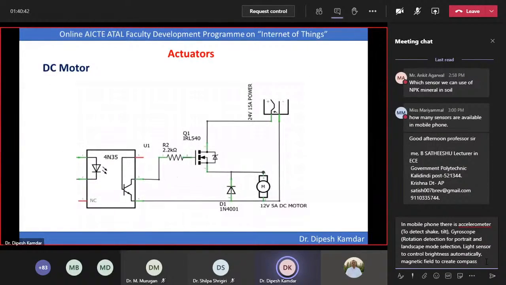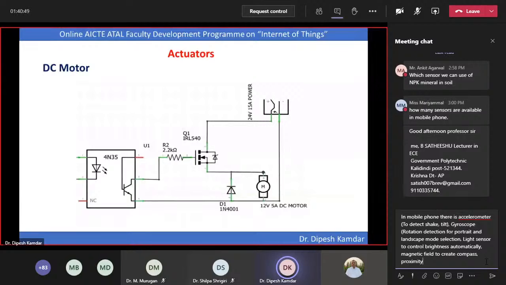This is the optocoupler IC, the 4N35, which can be used. See, this is the isolation. Whatever back EMF is generated may not travel back due to the opto isolation, where optical transmission is done from the LED, and the transistor is activated on receiving the optical source.